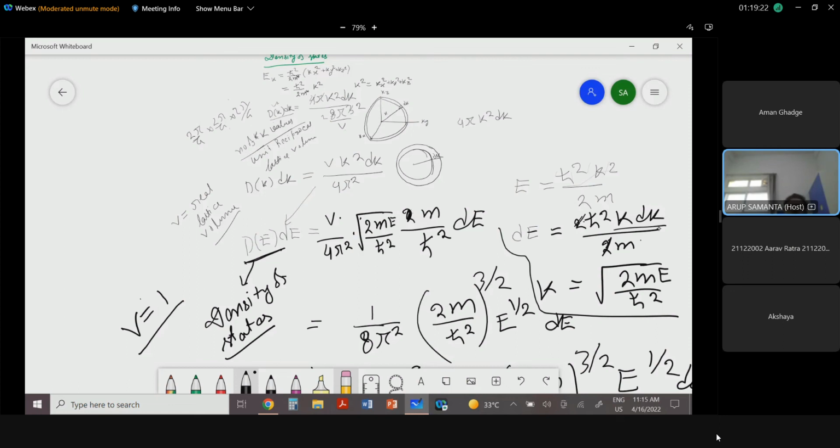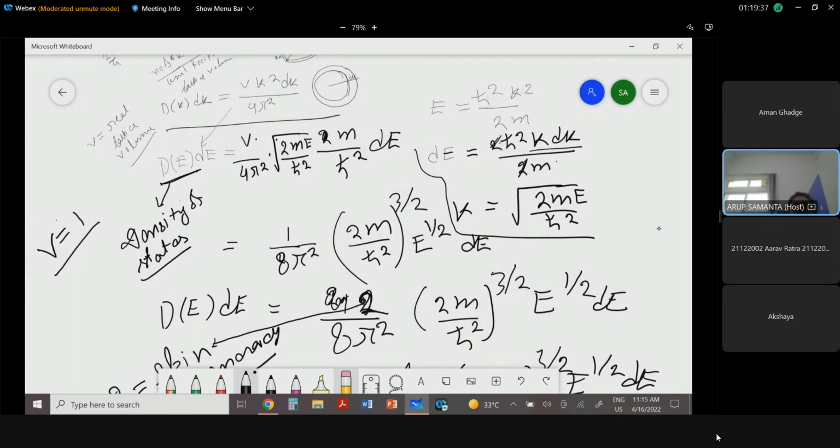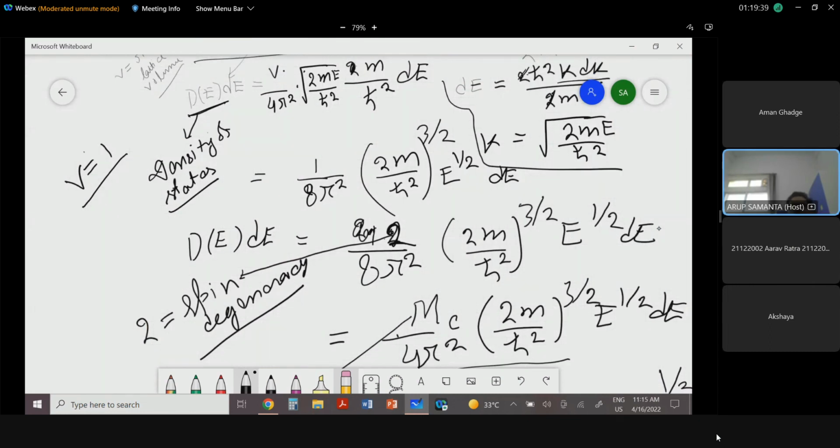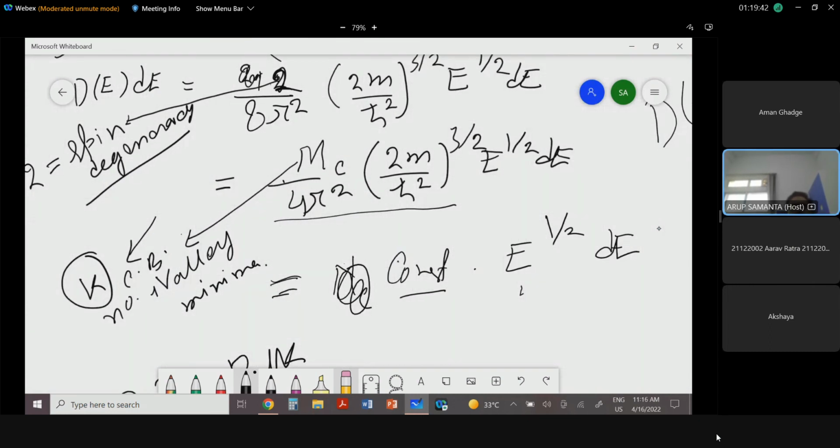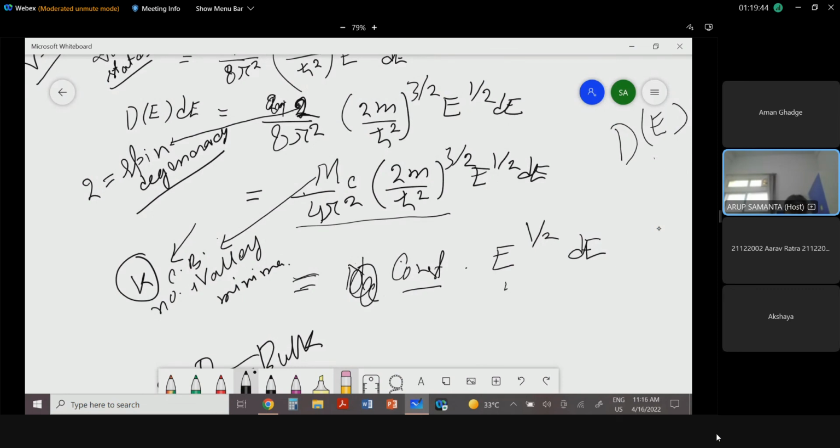Now we convert this to the energy density of state, the number of states available per unit energy per unit volume of this material. Ultimately we get Mc, the number of conduction valley maxima, by 4 pi square into 2m by h square whole to the power 3 by 2, E to the power half into dE.